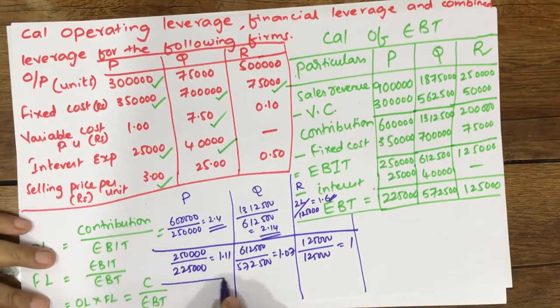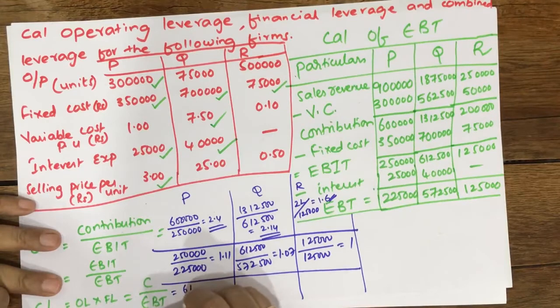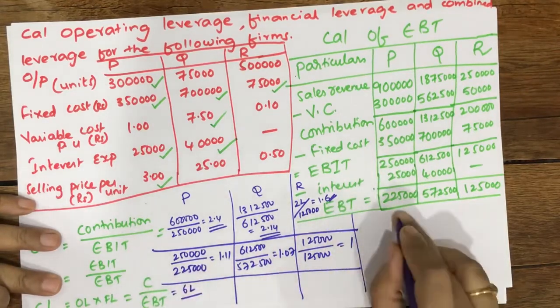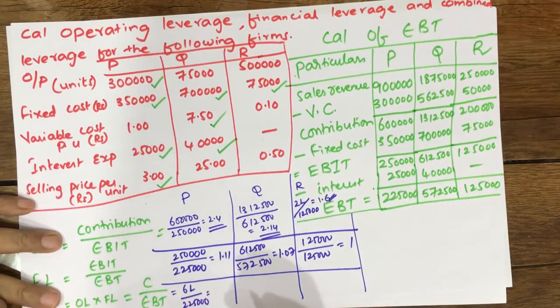Now, combined leverage, which is contribution by EBT. For firm P, contribution is 6 lakhs divided by EBT 2,25,000, which is 2.667.